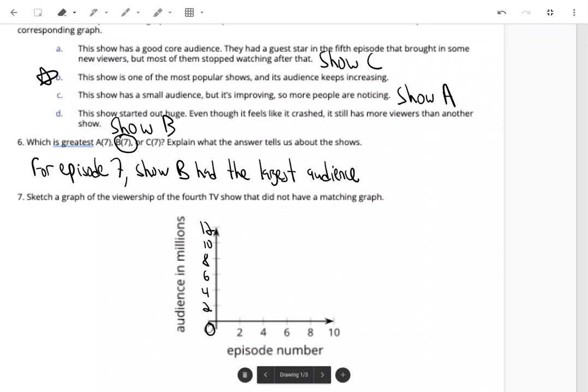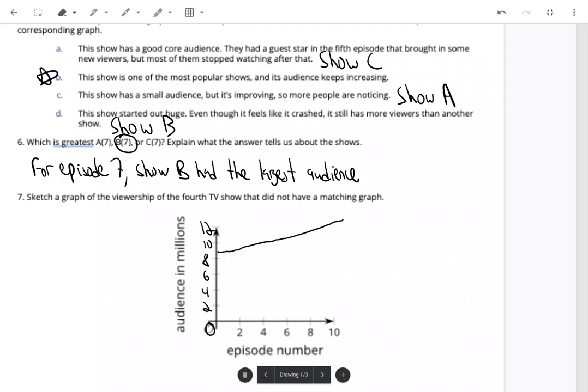Okay. So it started out really high and it's still going up. So we could say that it started out here and it's continuing to increase. All right. By episode 10, it's bigger than 12 million. Okay. So does this graph match the description?